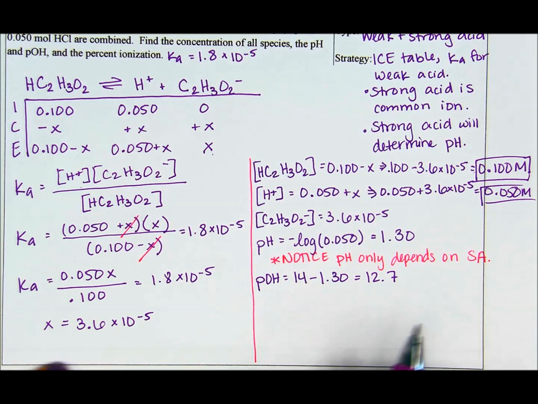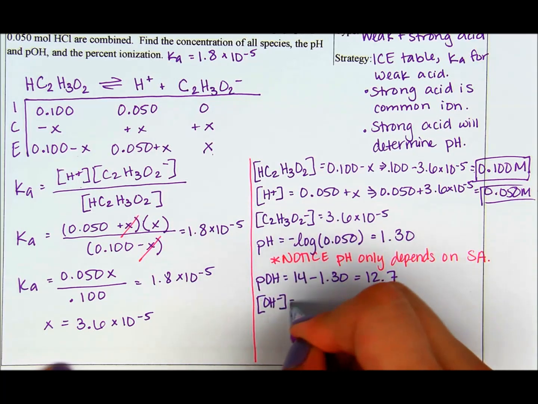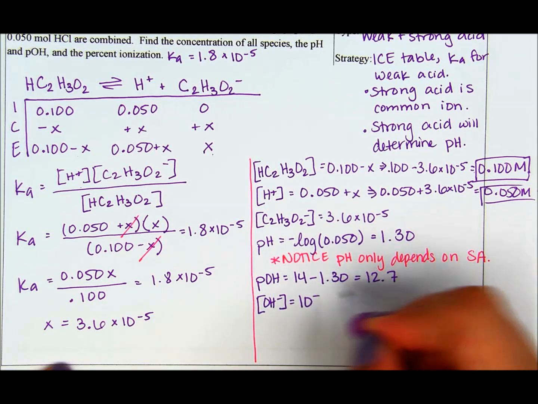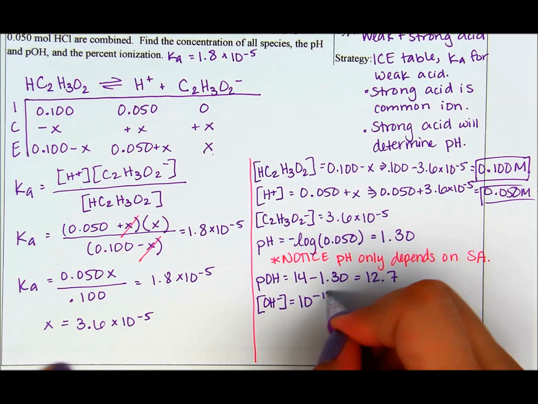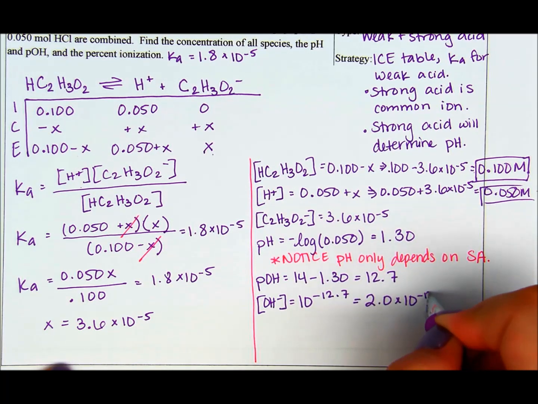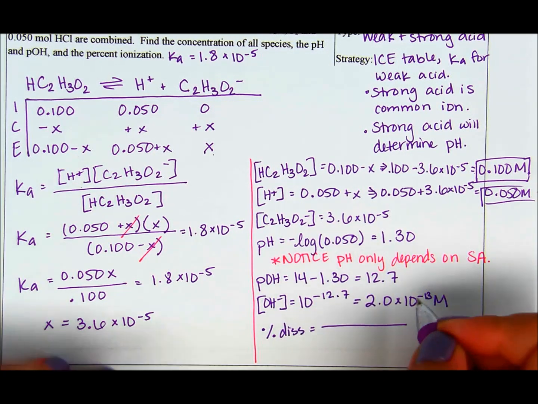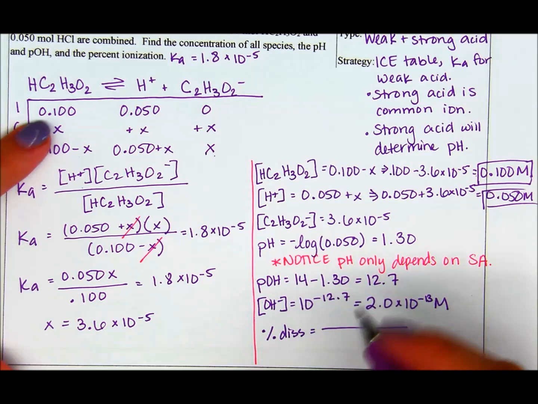pOH is nice and high. I mean, it's not very basic. Concentration of OH minus equals 10 to the negative pOH, so 12.7. And that gives you 2.0 times 10 to the negative 13 molar. Percent dissociation equals X over your initial.